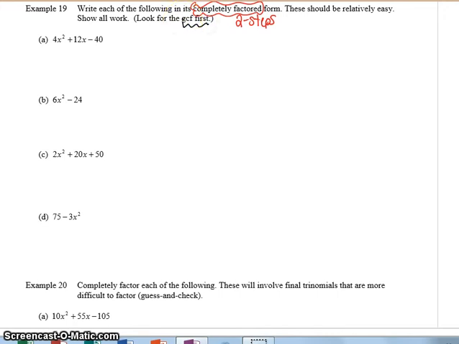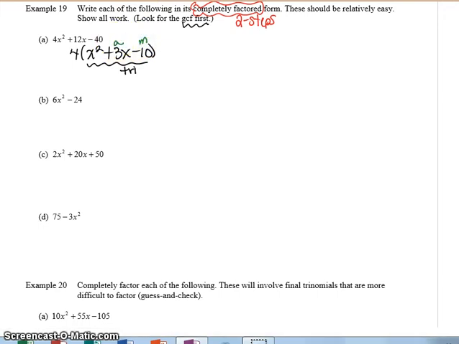All right, so part A, you can factor a 4 out of all of these. So when I factor out a 4, I'm going to be left with x squared plus 3x minus 10. Now, this is a trinomial. So I'm going to say what multiplies to negative 10 but adds to positive 3.